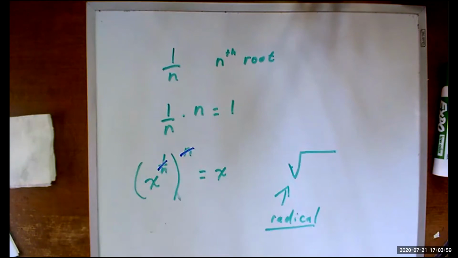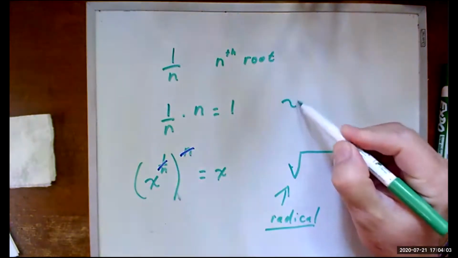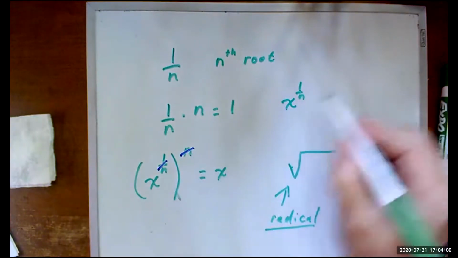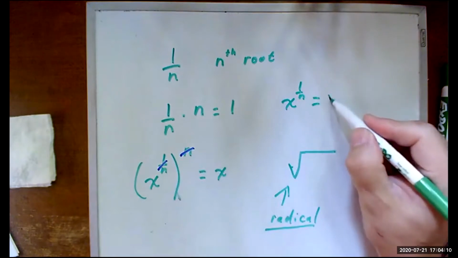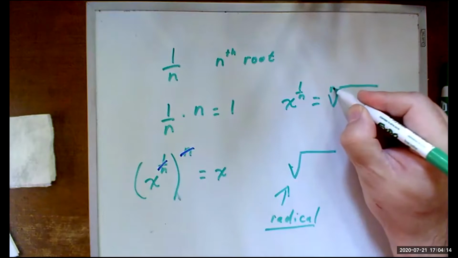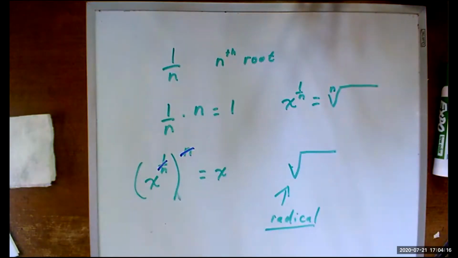While I'm sitting here showing little things, when we have something like this, I have x to the power of 1 over n. I'm looking for the nth root of x. When I move that, I can throw that into a radical. Whatever that number on the bottom is goes in that little check mark part to show us which root we're dealing with.